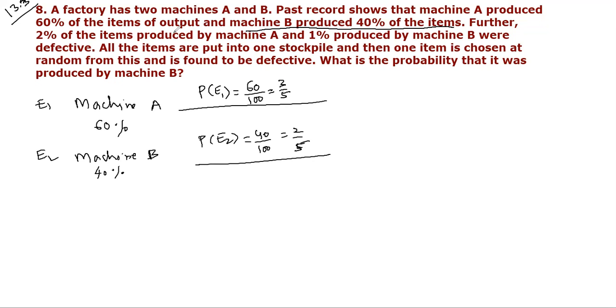Now 2% of items produced by machine A are defective. The probability of defective items produced by machine A, okay, so we can say A is the event showing a produced defective item.